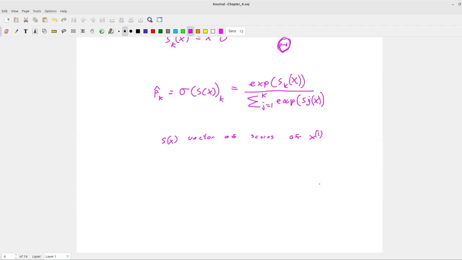Another way that you can write this to be more compact is that you can say y hat is equal to argmax of sigma of s of x of k, argmax for a particular class k.